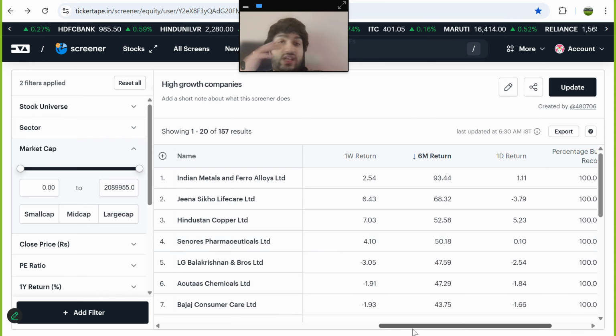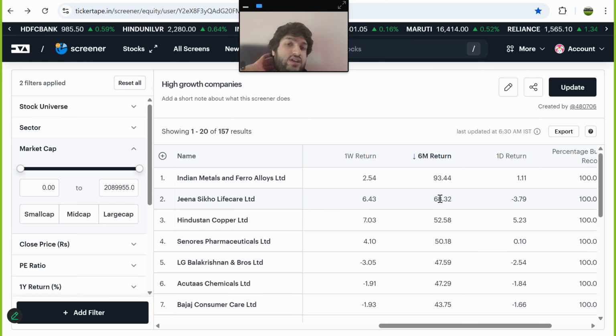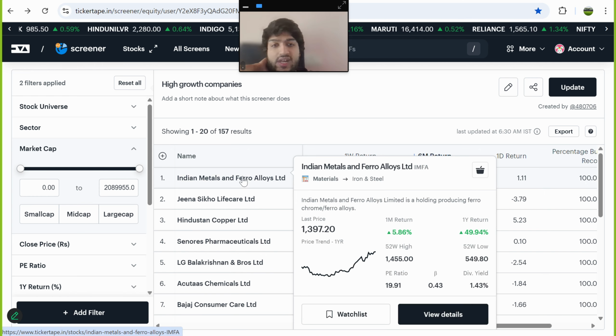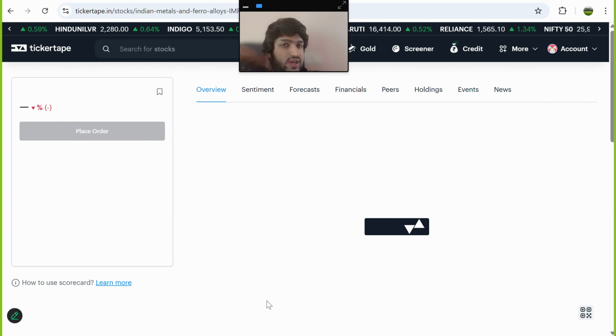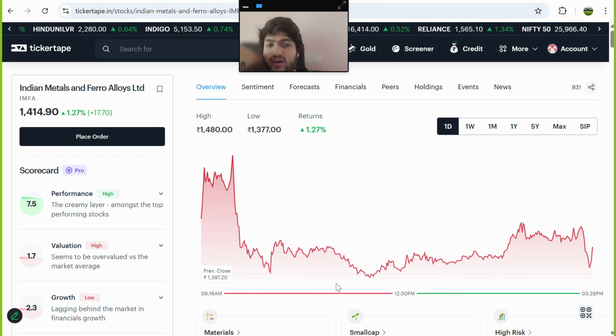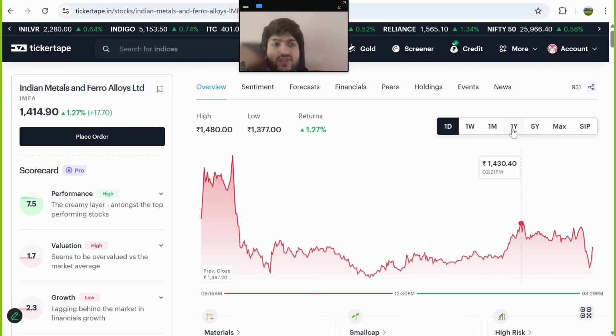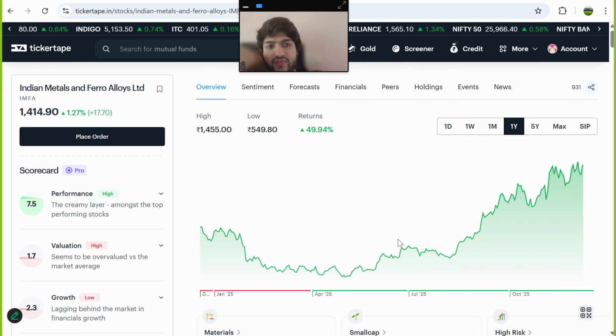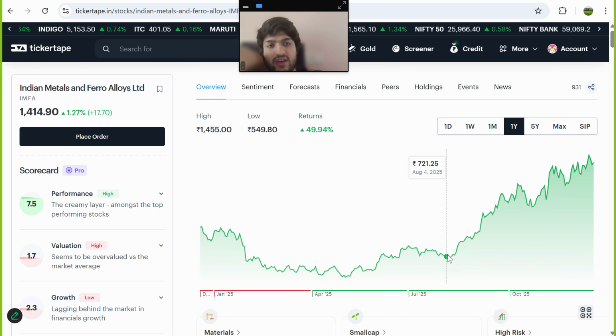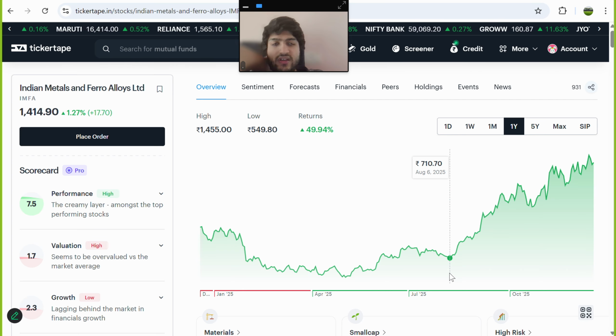Now you can see the returns may not be linear, the curve may be non-linear. But if you see now, there is a big spike that has occurred from August 8th, or August 6th rather, when it was trading at 710.